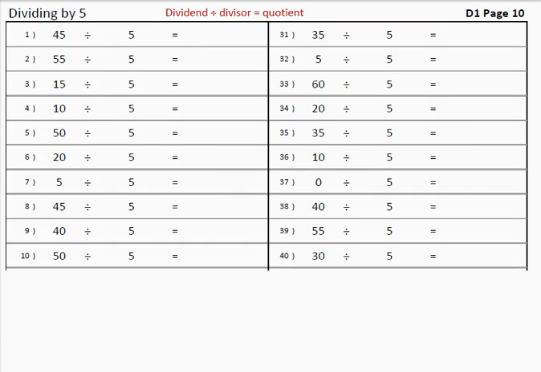Okay, dividing by 5. We immediately go to this sheet where we've got it mixed up. What number, if I times it by 5, I get 45? You need to know your 5 times table. You can count on your fingers in multiples. Check out my multiplication video.